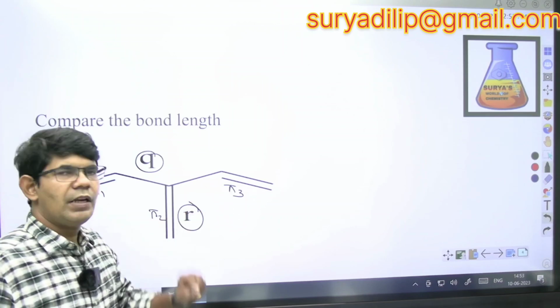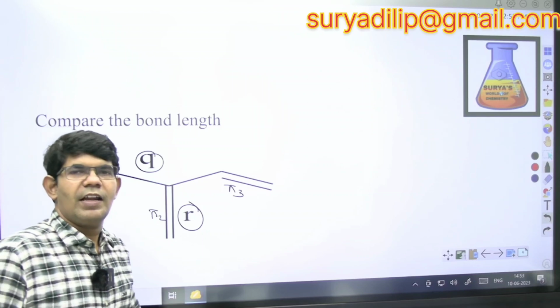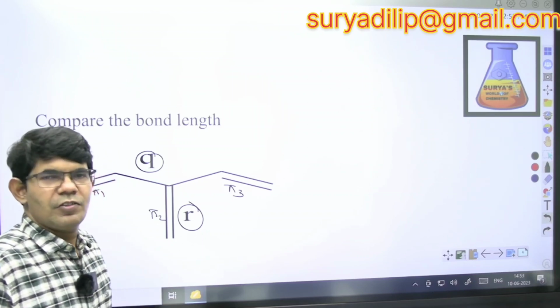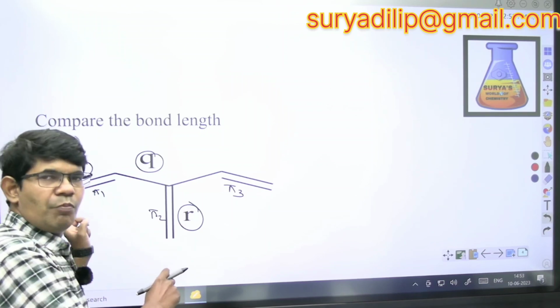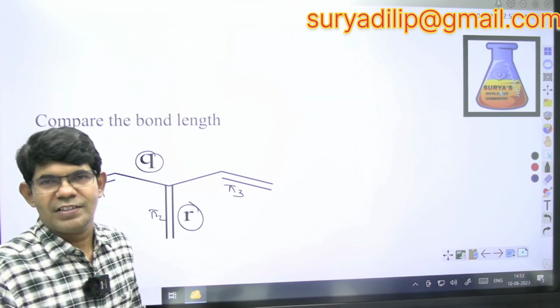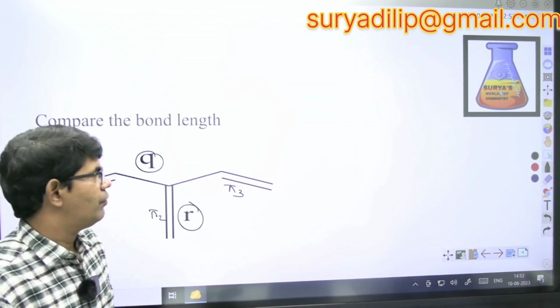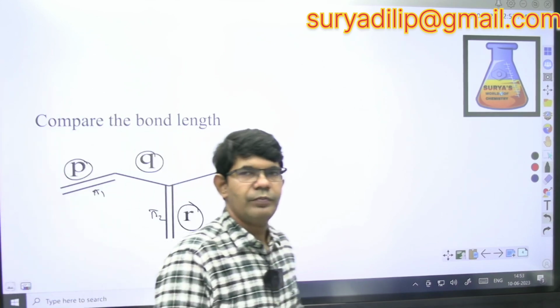Pi 2 and pi 3 are in conjugation. But pi 1 and pi 3 are not in conjugation. So this pi 2 is in conjugation simultaneously with both pi 1 and pi 3. This is what we call cross conjugation. Right? Fine.